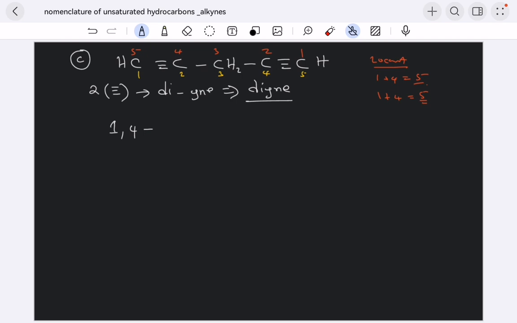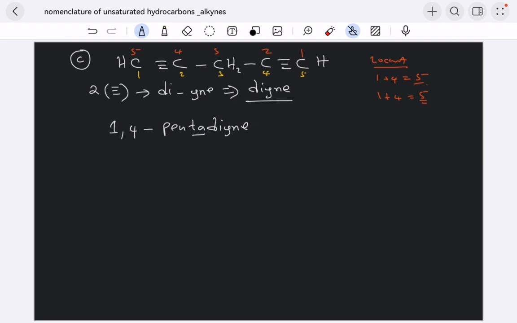Then what is the name of the longest chain? The longest chain in this case is 5 carbons. So 5 carbons means pentane. In this case, it becomes penta. Then you say diyne.